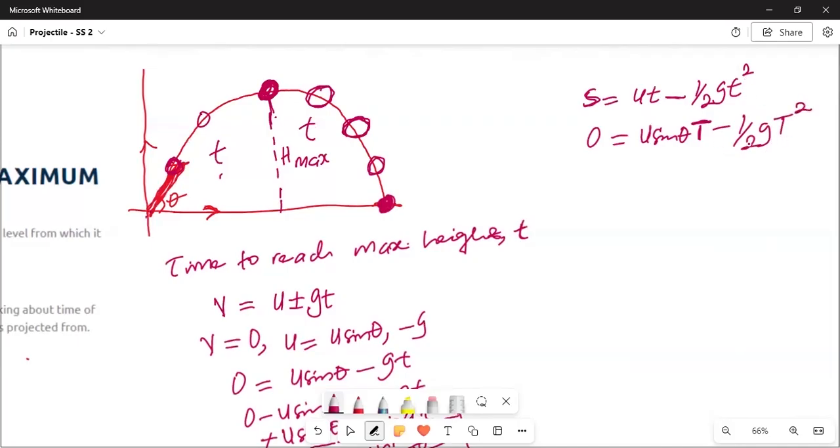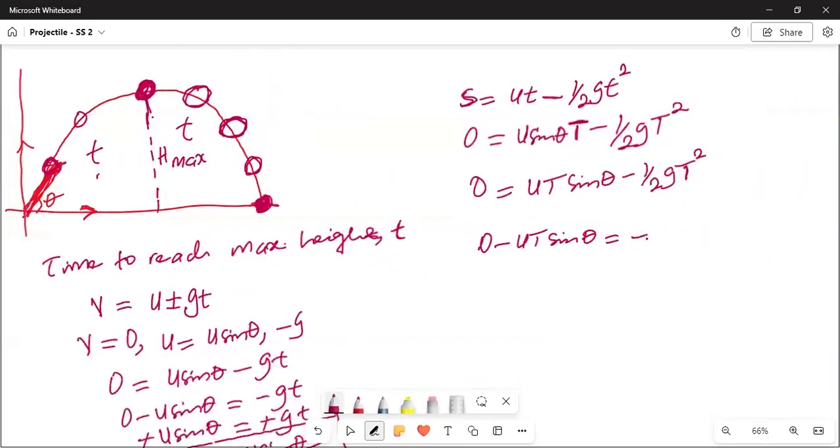Now solving for capital letter T: u sine theta times T is uT sine theta, minus half gT squared. If I move this uT sine theta across the equality, it becomes minus. So 0 minus uT sine theta is equal to negative half gT squared. And we know that if I have half, I can write that as 1 over 2.